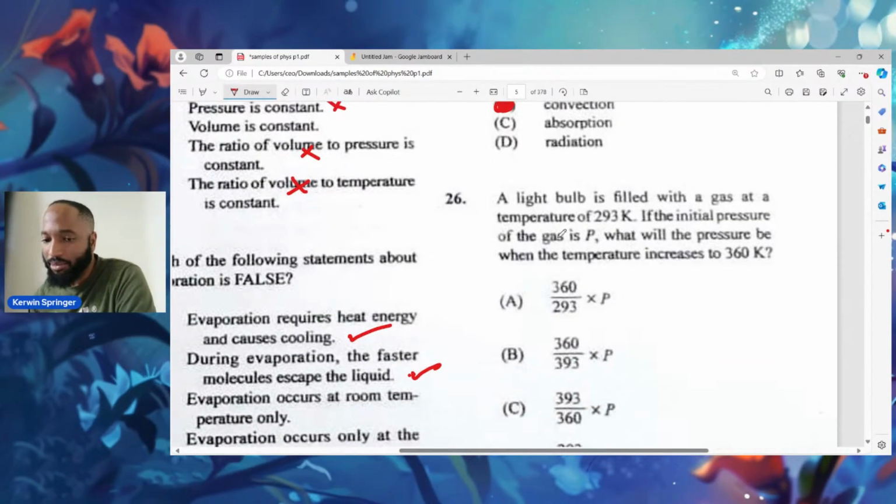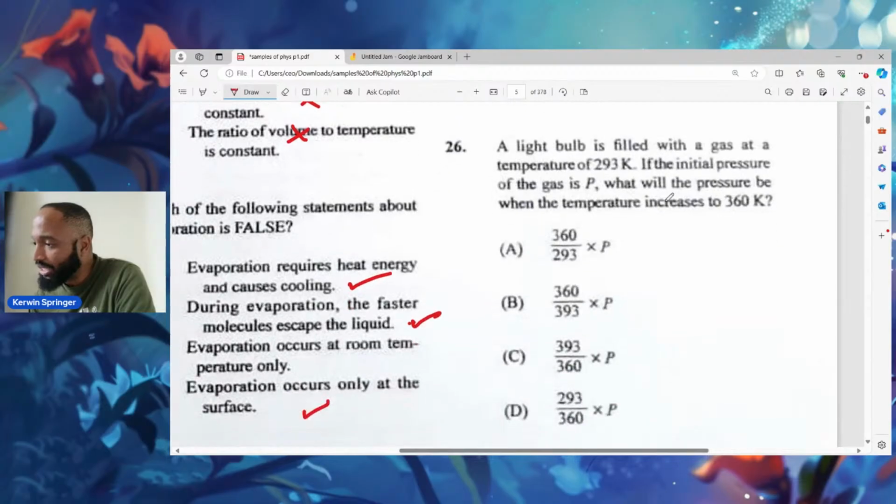A light bulb is filled with gas at a temperature of 293 Kelvin. The initial pressure of the gas is P. What will the pressure be when the temperature increases to 360 Kelvin? All right, so the temperature increased by some amount here.